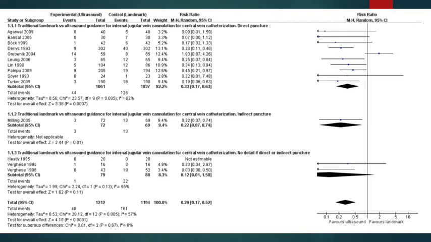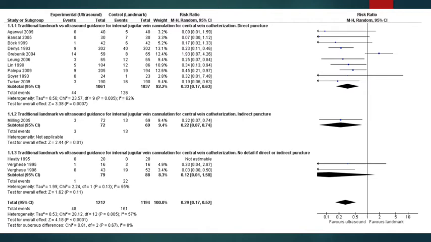You can see at the top the most evidence is with direct use, and clearly there's a significant pooled estimate of outcomes favouring ultrasound guidance.